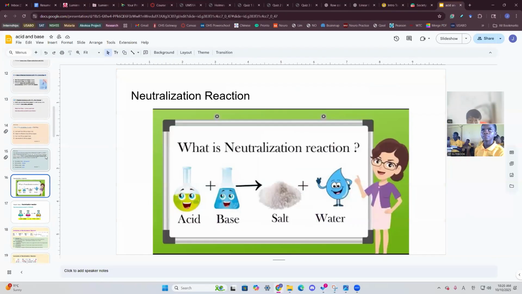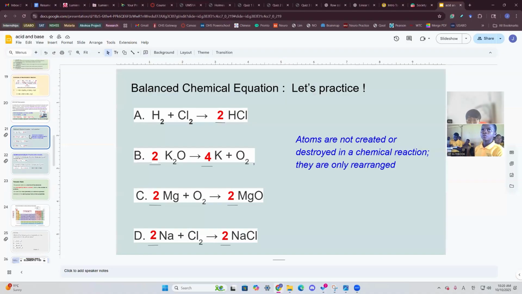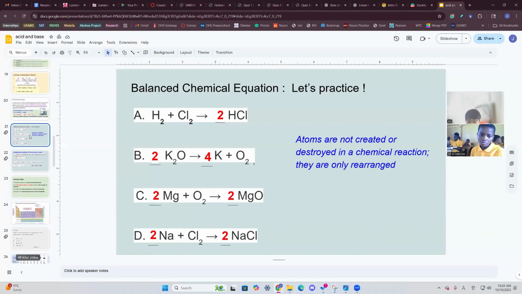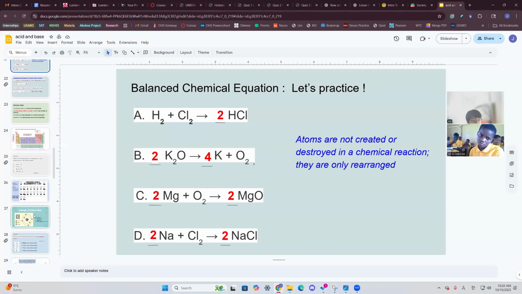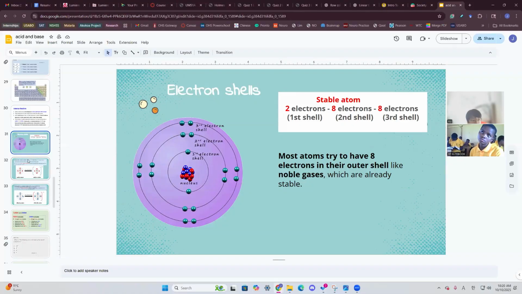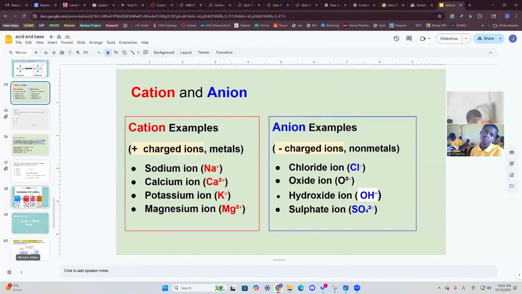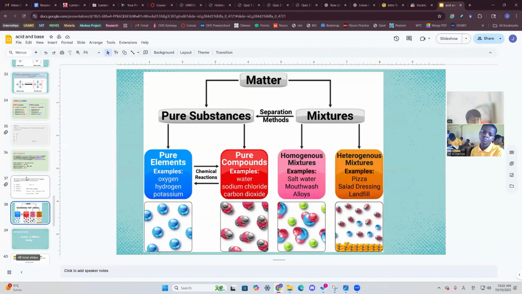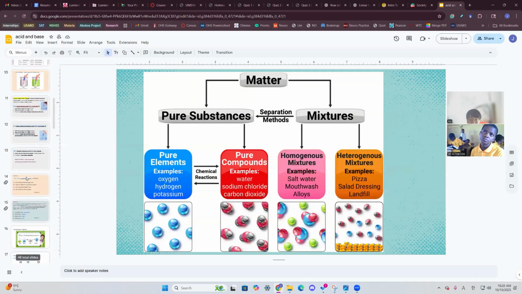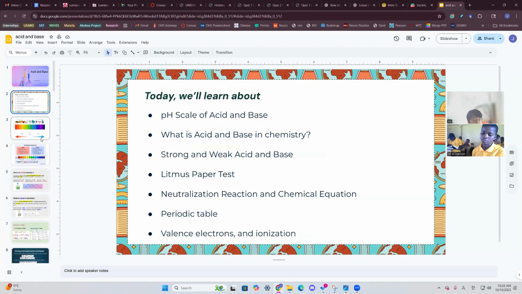We also learned about neutralization reactions, balancing chemical equations, electron shells and ions. And then we ended with a recap of what matter is. So, yeah, today we learned a lot. We covered a lot today.